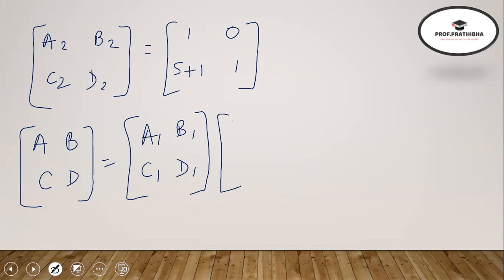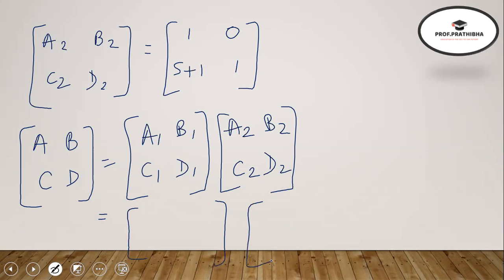Cascade is multiplication with A2, B2, C2, and D2. So this is what you're supposed to do in interconnection. Whenever you have ABCD parameters, you have to multiply both of the matrices. So I hope you know matrix multiplication. So we will write down the matrix of both and then we are going to multiply them.